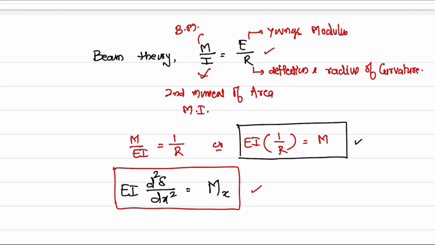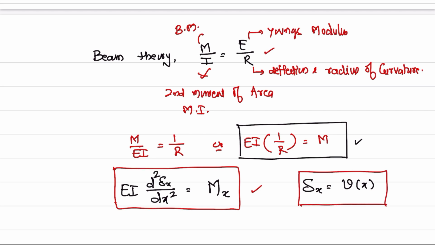In some books, we write delta x, because when we are defining at x, deflection also varies along the length of the beam. The delta x in some books is written as Vx. This also you can consider.